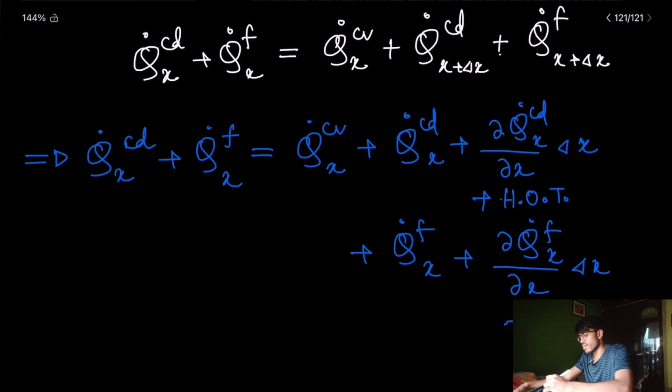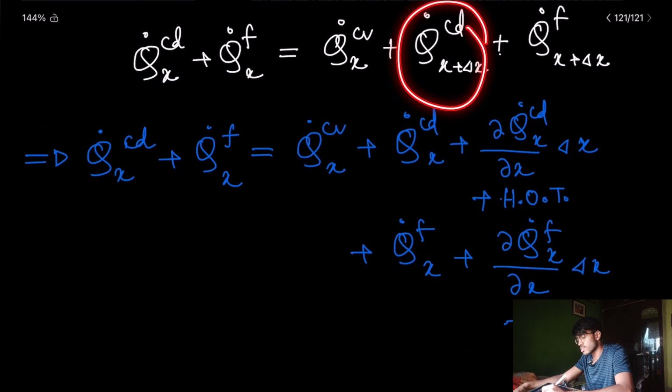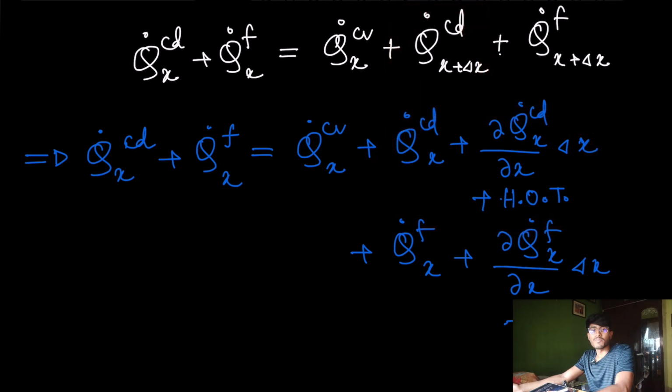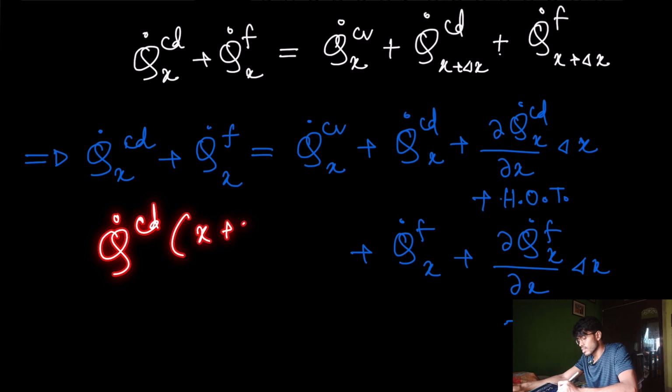How have I written from this to this? Just the simple Taylor series, because this is q conduction at x plus delta x.